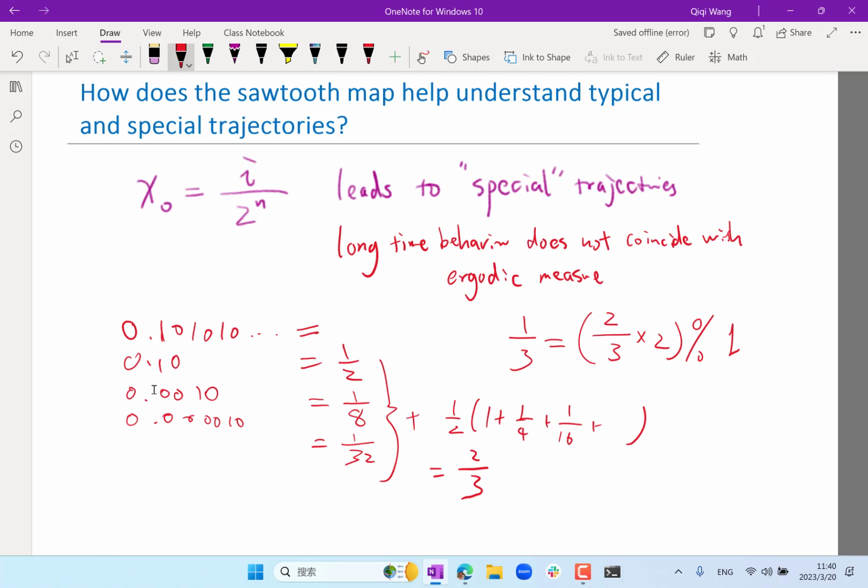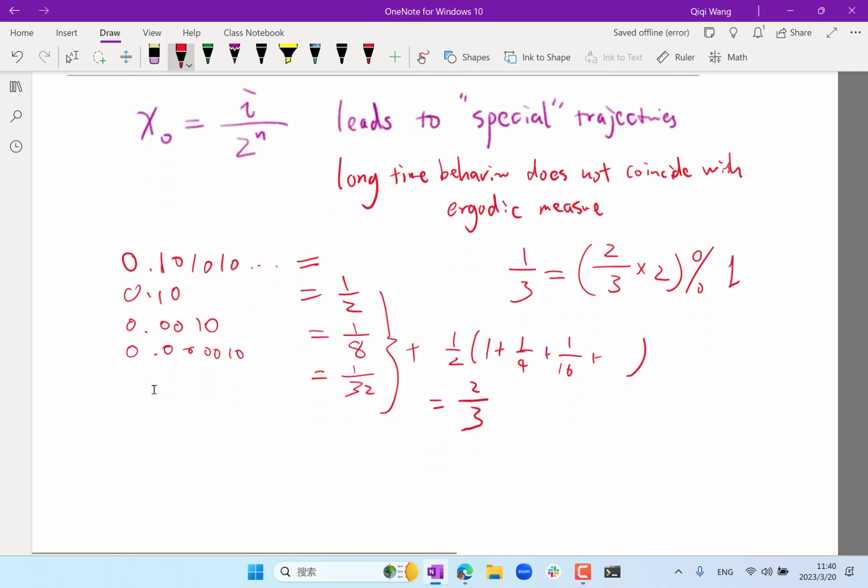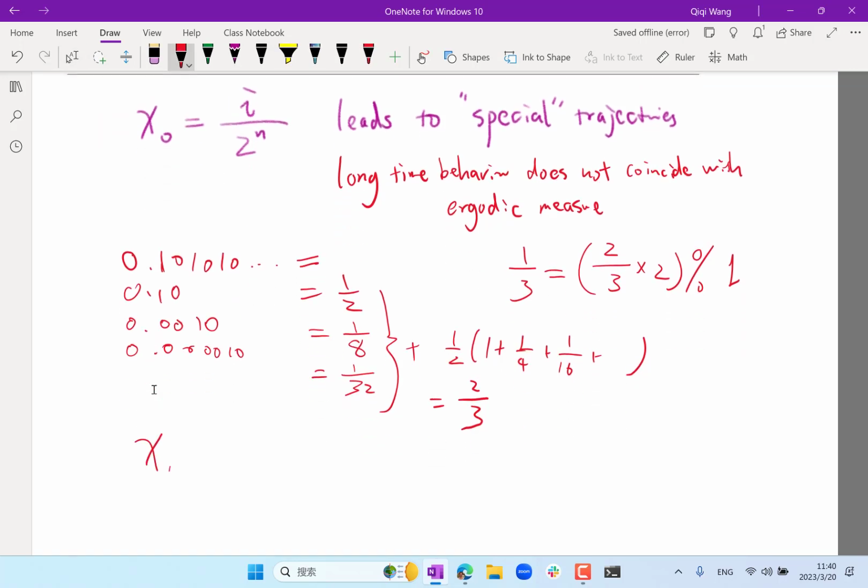What do we get here? We get a periodic orbit. And this is actually true for any x0 equal to any rational number with a denominator equal to 3 times any power of 2.